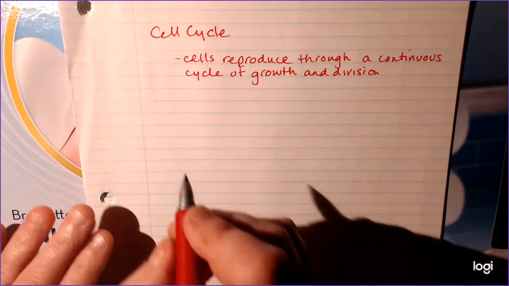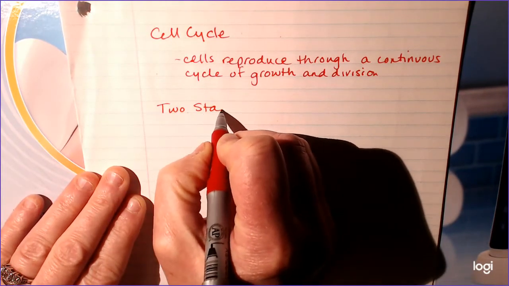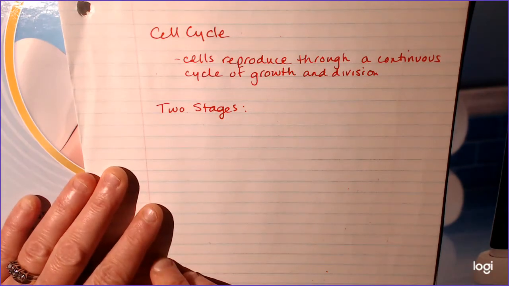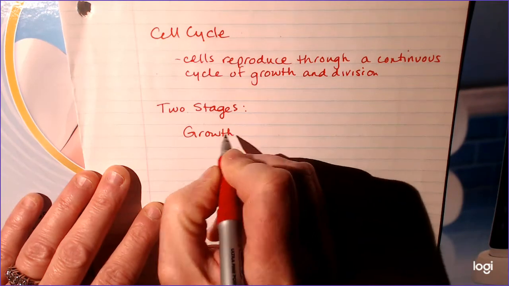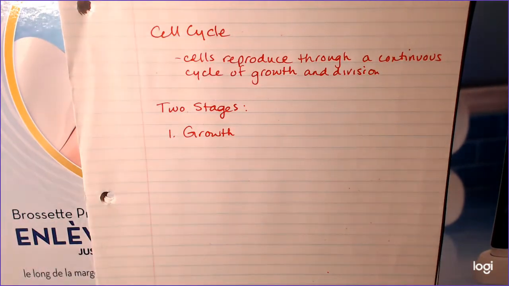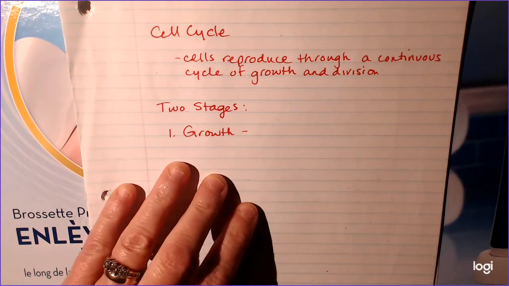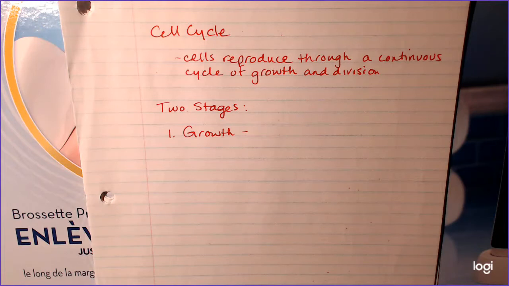All right, and we're going to have two stages. So we have two major stages here. Really, really important. We have the growth phase. So like we said before, cells can grow in size and they can grow in number. So one of the important parts is that they have a growth phase. During the growth phase of a cell, when we always say, oh, it's the time when the cell's not dividing, it's just kind of relaxing. Well, it's not relaxing at all. It is so busy.